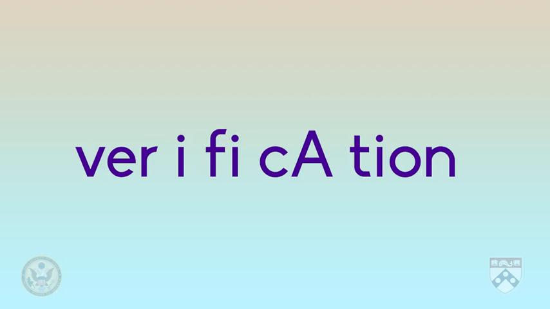Because the word ends in tion, we know which syllable will be stressed, the syllable before the ending. So the stress falls on K for verification. The stress changes because of the word ending. Verify, verification.